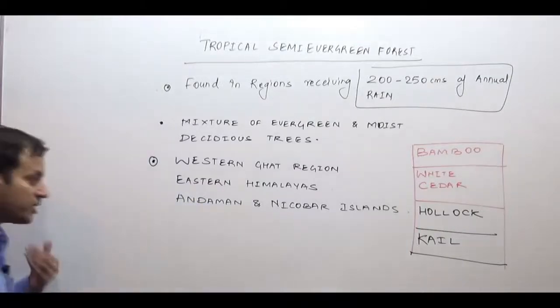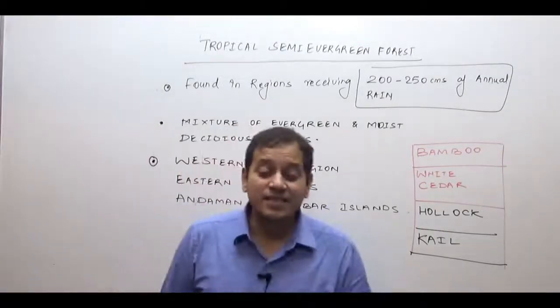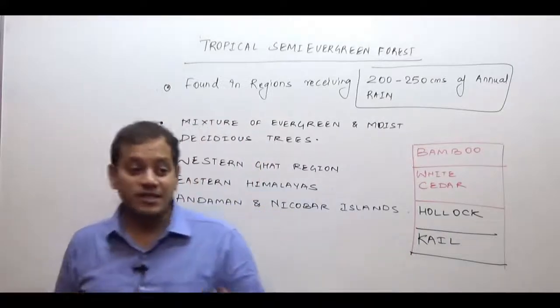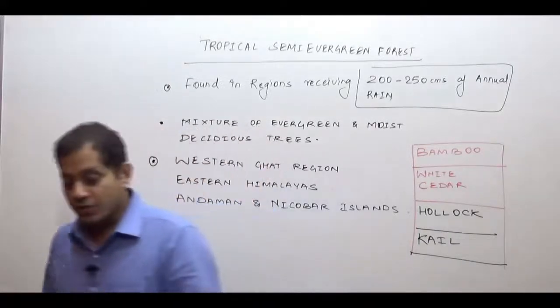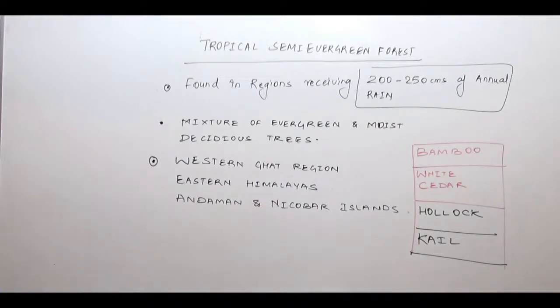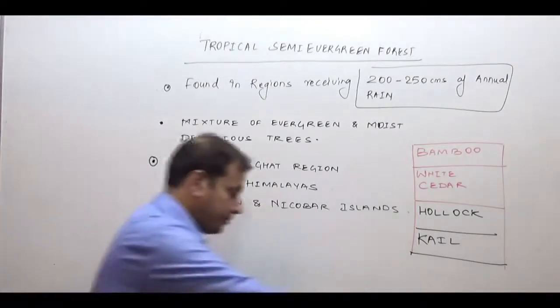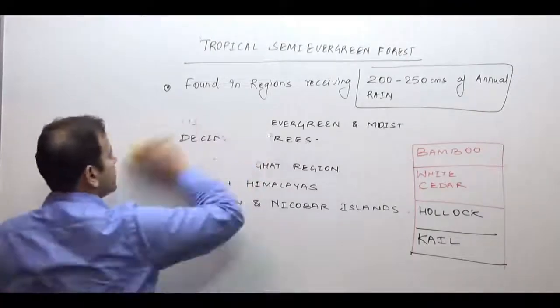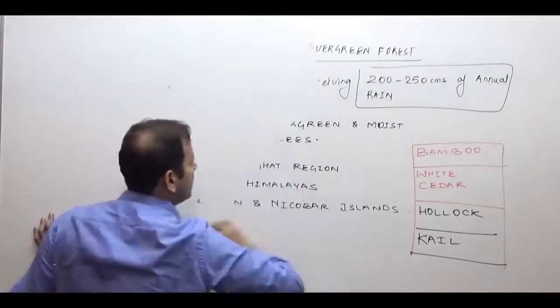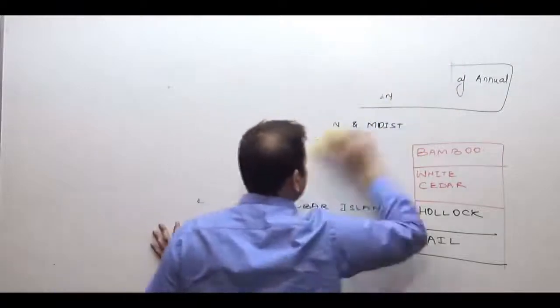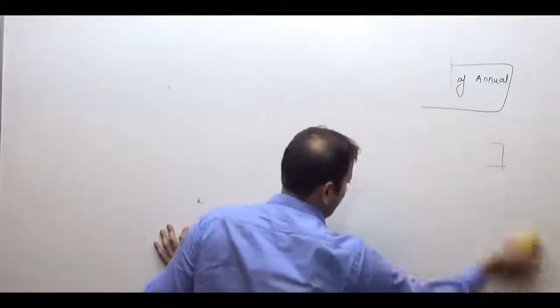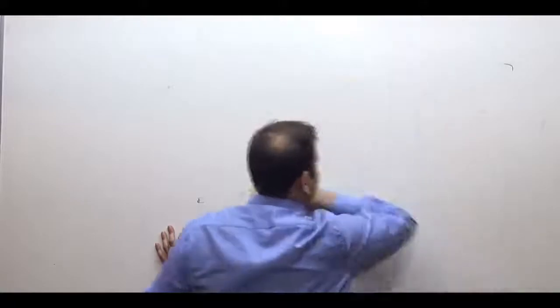Now let us come to the next forest, that is the deciduous type of forest. Deciduous type of forest, the tropical deciduous forests.